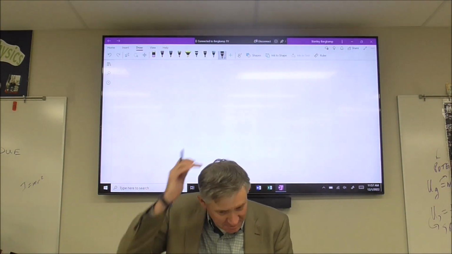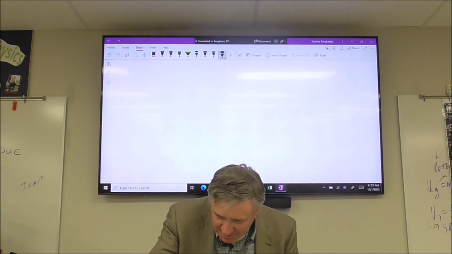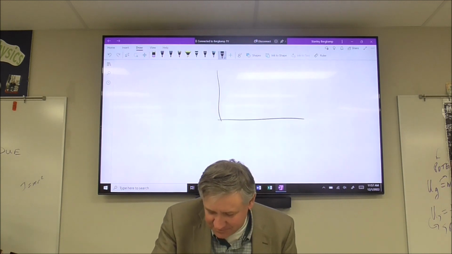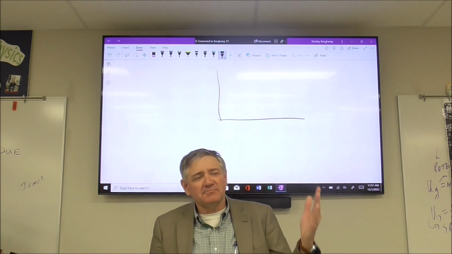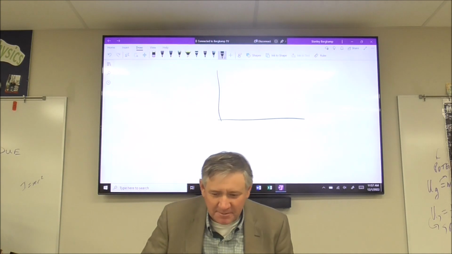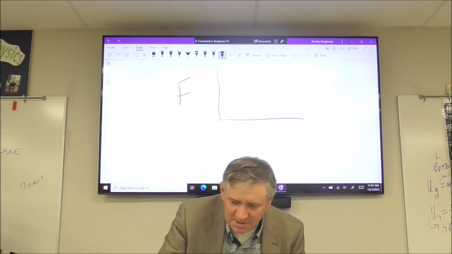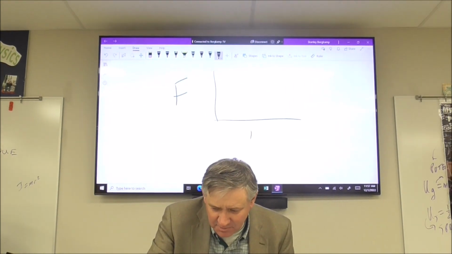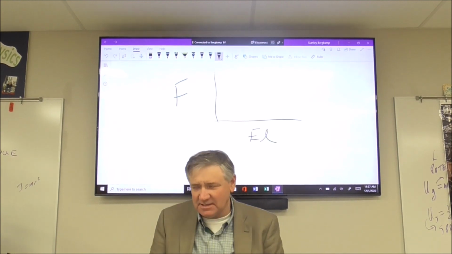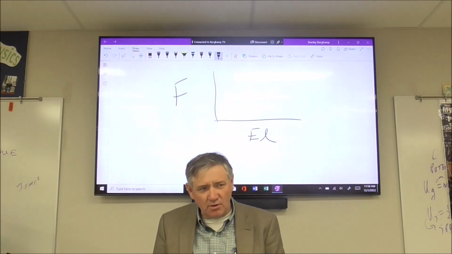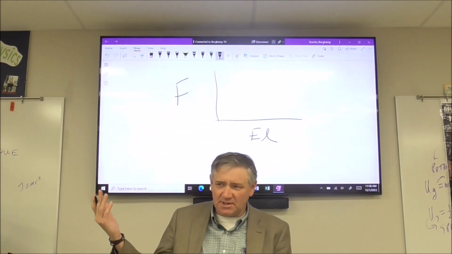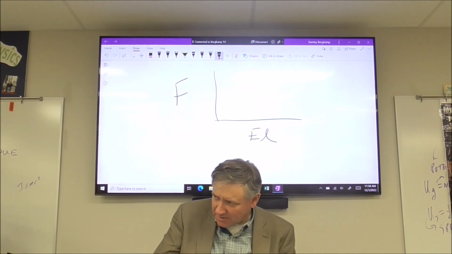So let's start with question number 4. Some of you have been debating this. To make the units work out, you have to put force on the y-axis and elongation on the x-axis. Otherwise, you don't get joules when you look at 1/2 kx squared.